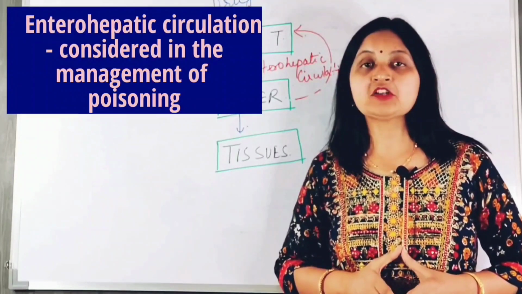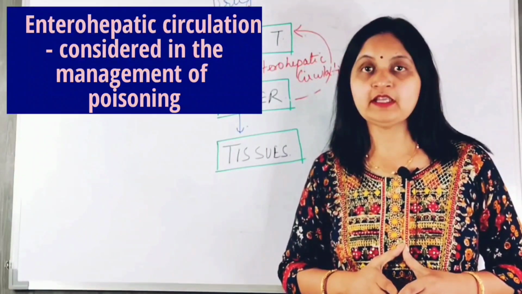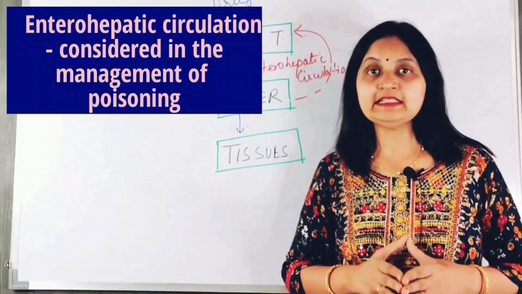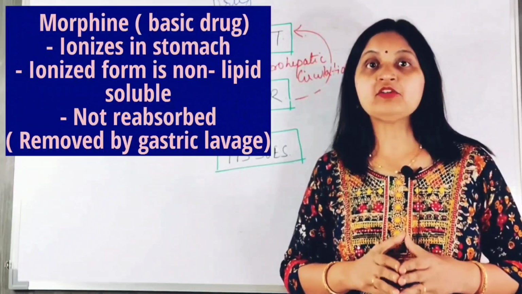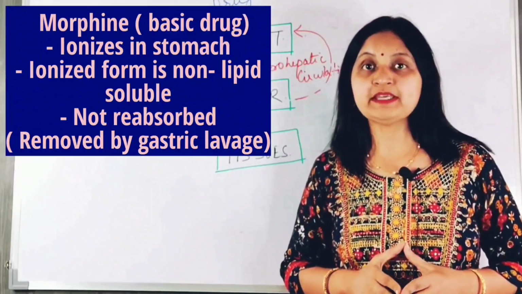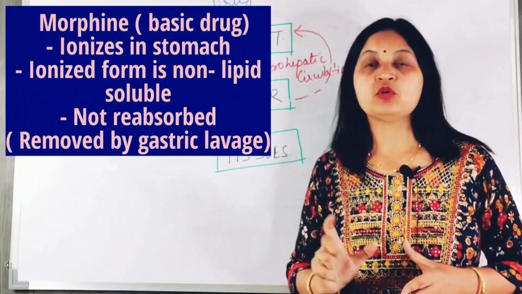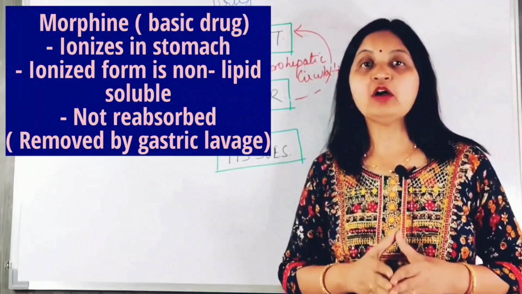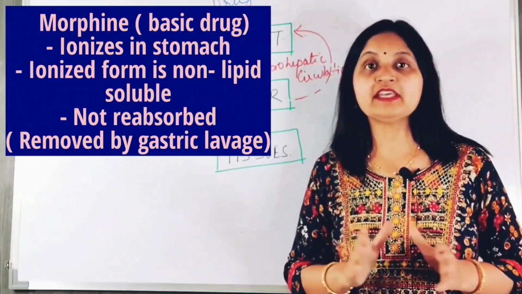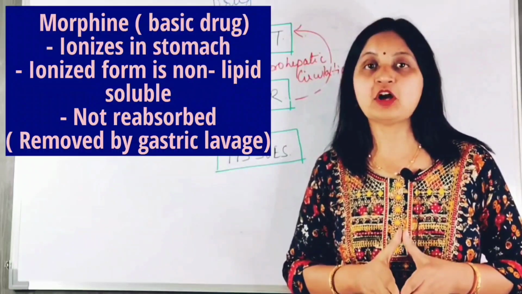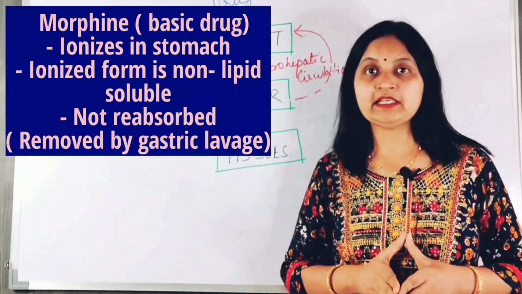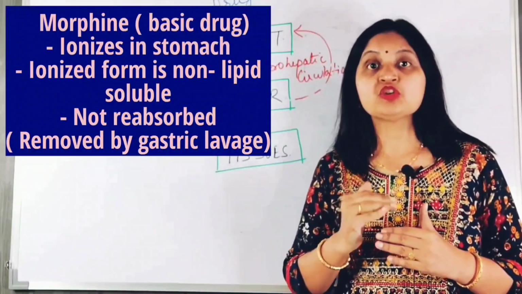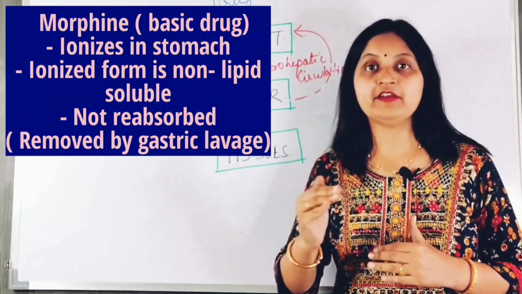For example, in case of basic drugs such as morphine, which enters into the stomach and comes in contact with acidic pH, a basic drug coming in contact with acidic pH ionizes. So the predominant ionized form of the drug is non-lipid soluble and is not reabsorbed or is poorly reabsorbed by the stomach epithelium. So it is at this stage that the drug, that is morphine, should be removed by gastric lavage.